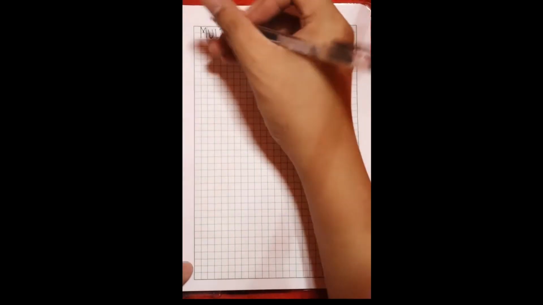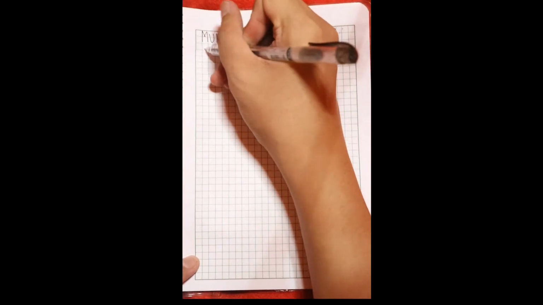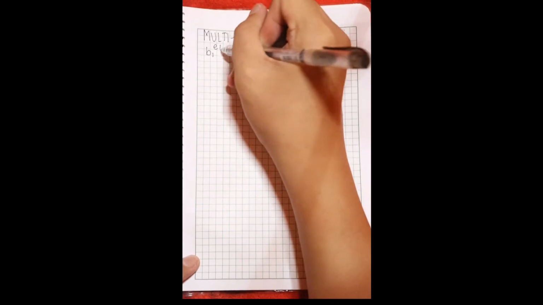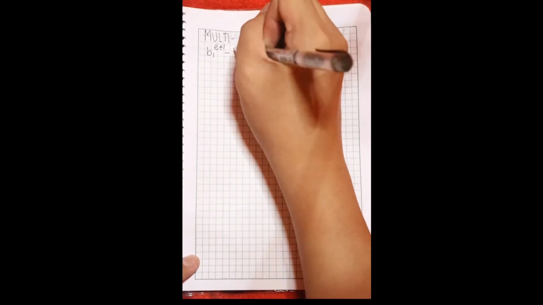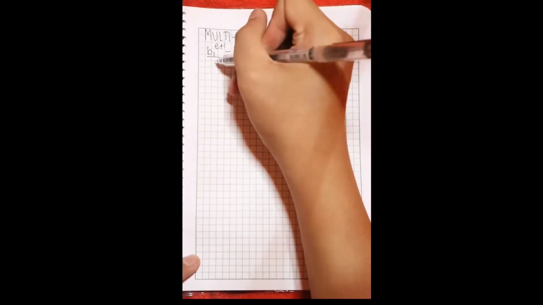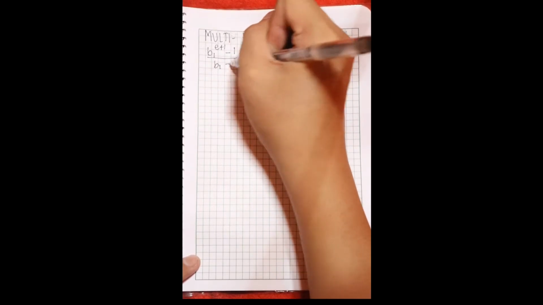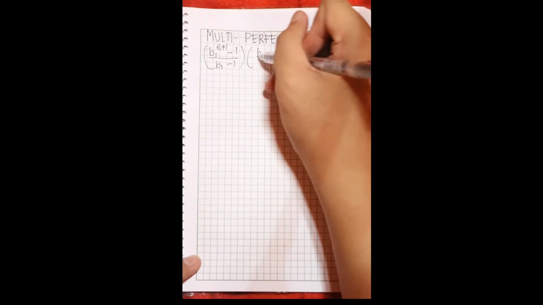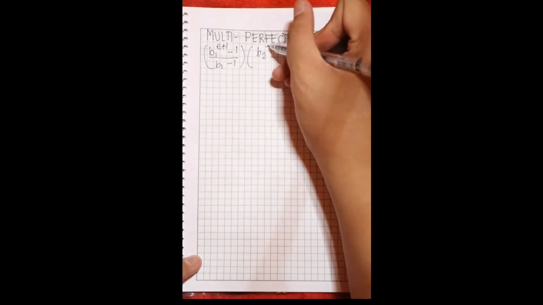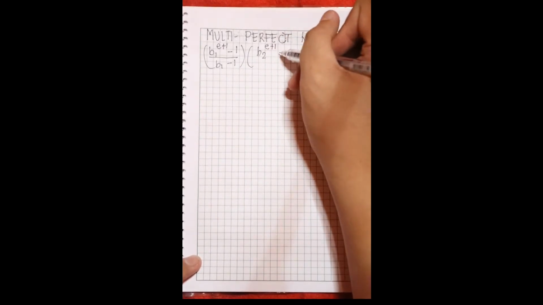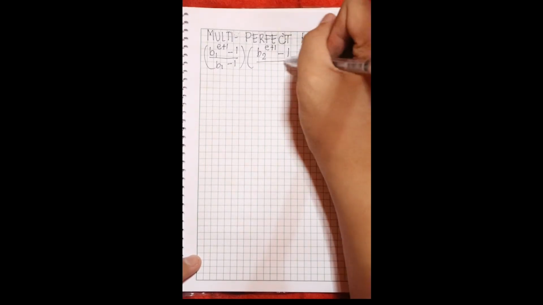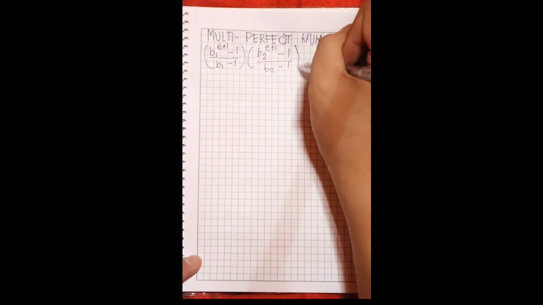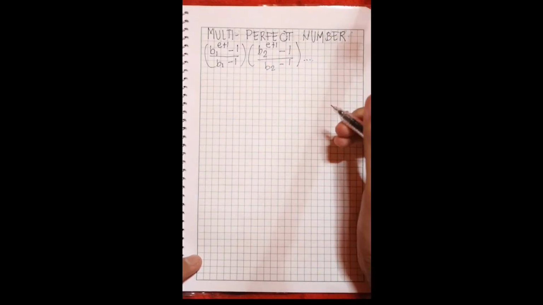Meaning, we are going to use this formula: (base 1 exponent plus 1 minus 1) all over (base 1 minus 1), times (base 2 exponent plus 1 minus 1) all over (base 2 minus 1), and so on.